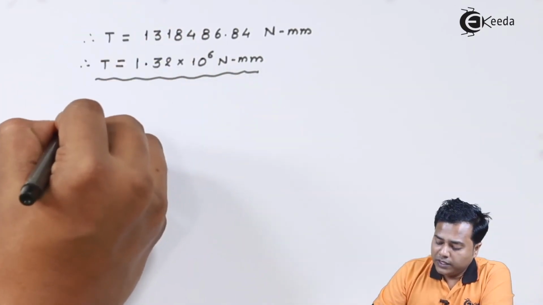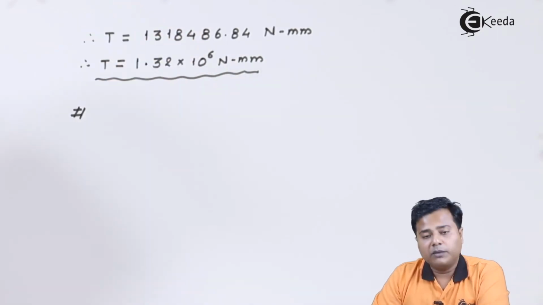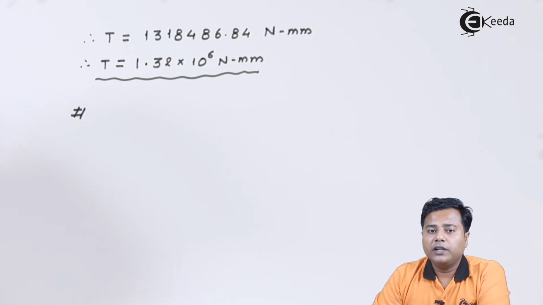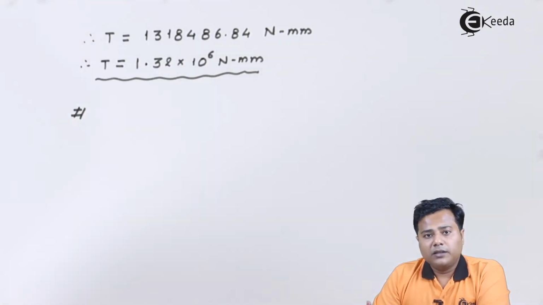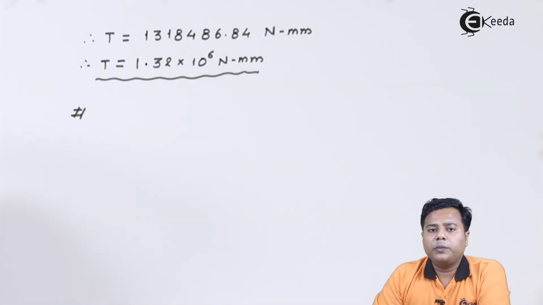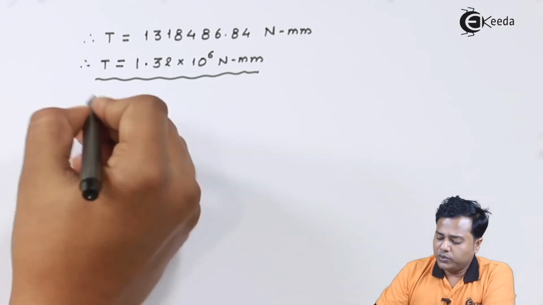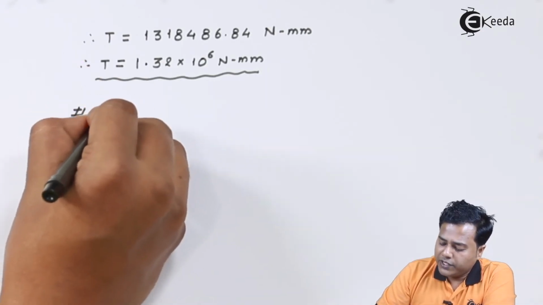Now comes the stage where we have to consider the combined stresses. We already have found out the dimensions. We have selected the standard square thread, and for that, let us check whether all the dimensions which we have obtained are safe in the given conditions or not. So we'll say safety checking.